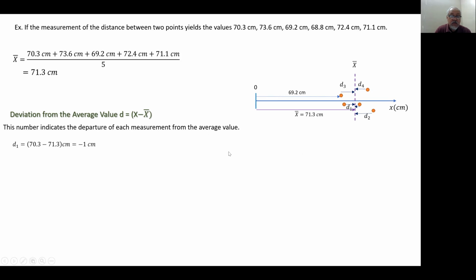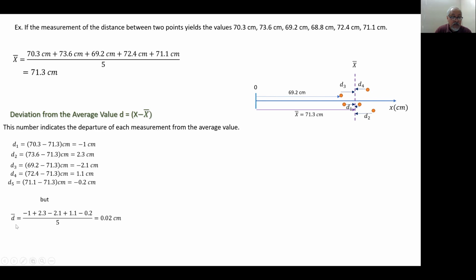Let's do it. For distance 1, 70.3 minus 71.3 centimeters equals negative 1 centimeter. And so on. For D2 it is 2.3 centimeters, for D3 negative 2.1, for D4 1.1, and for D5 negative 0.2 centimeters. Now let's find the average of these, a new average.